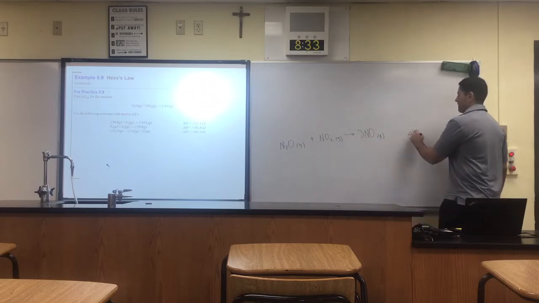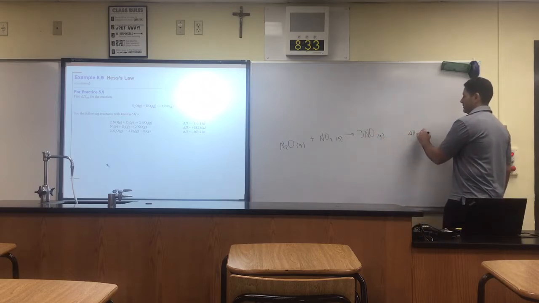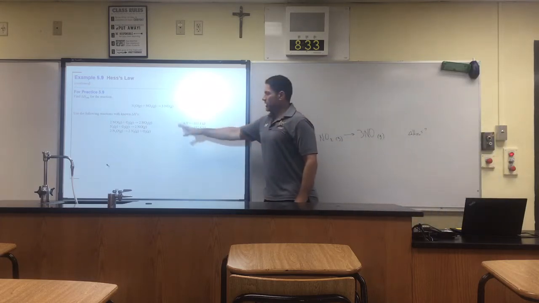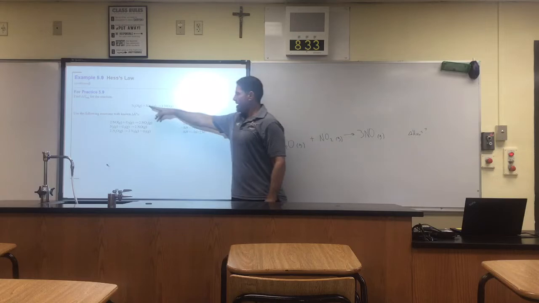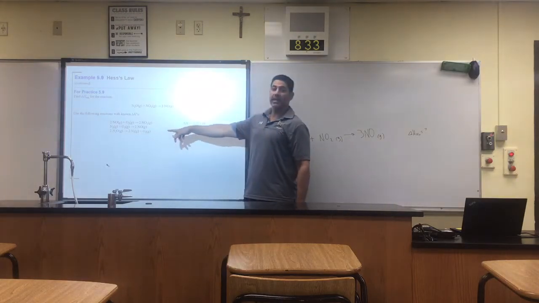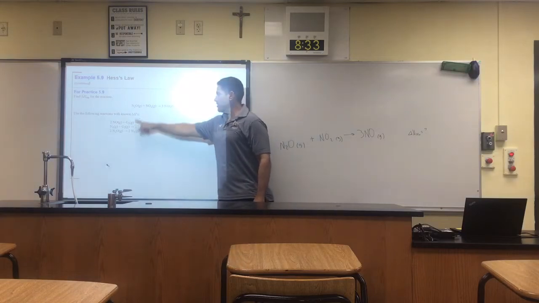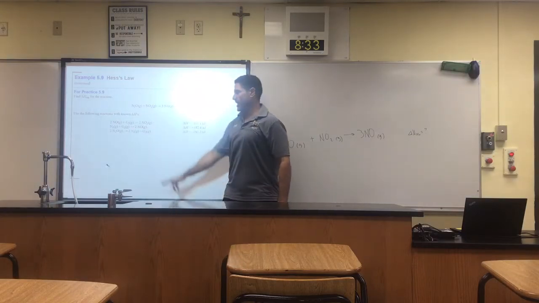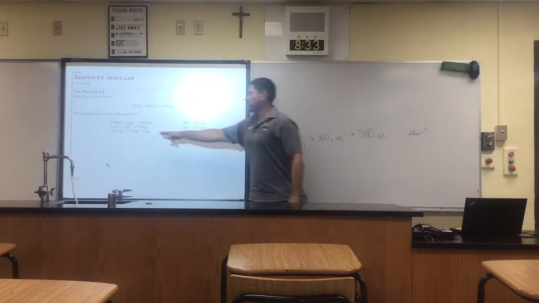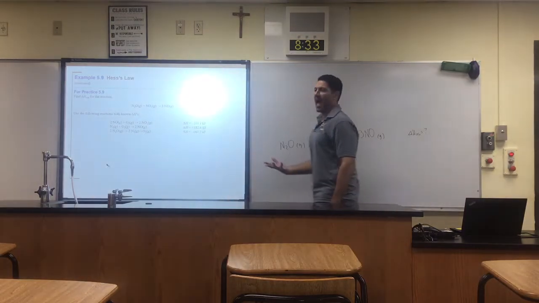This is the one we're looking for, the delta H. Now, if you notice, let's manipulate these. So who has N2O? The bottom one has N2O. It's the only one that has N2O. So what I'm going to do is, notice they're not correct. This one has 2, but it should be 1. What we're going to do is we're going to multiply the third equation by a half.